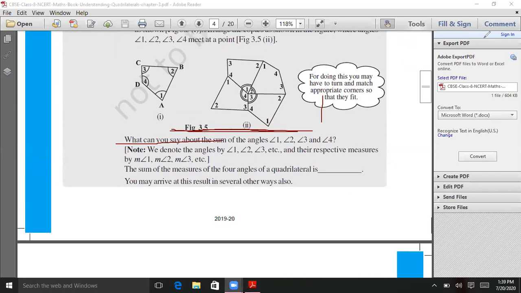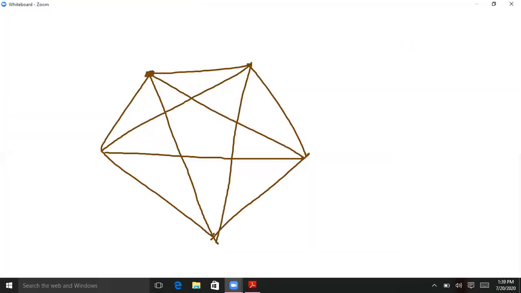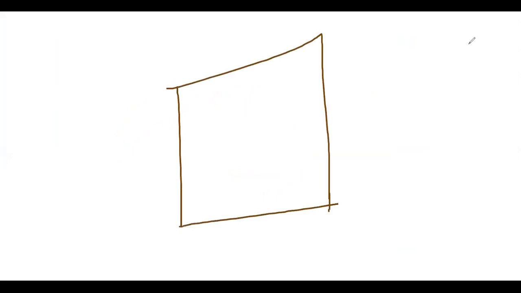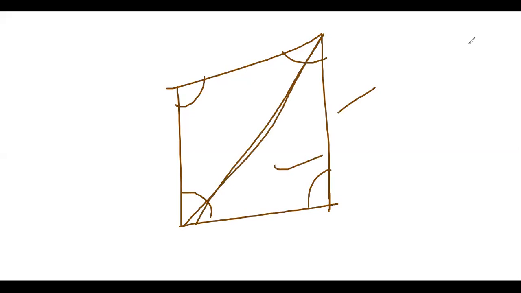Let's do it. See, if I take a quadrilateral, in general there is no property that all sides are equal or angles are equal. There can be differences in sides and angles. So this is called a general quadrilateral. Here are four angles, right? If I join it, it forms two triangles.